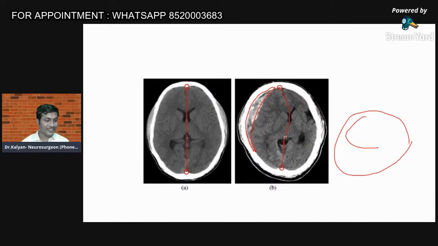This is moon shaped. Someone said chronic. I will say, a part of this is dark, a part is hyperdense. So this is actually chronic with acute. Initially the patient had a chronic bleed, now there is an acute bleed. We call this acute and chronic subdural hematoma, right side.